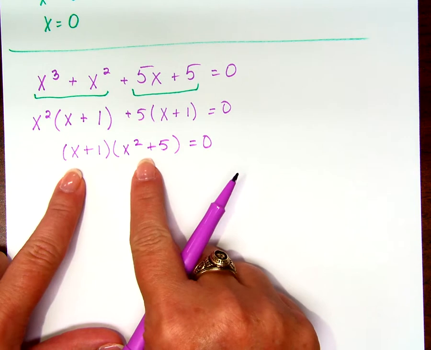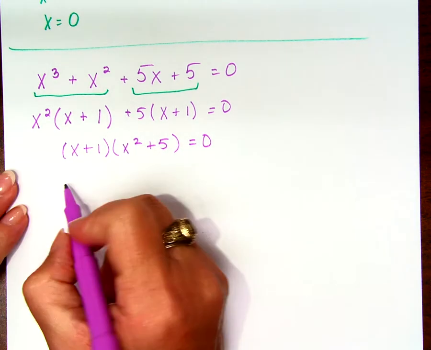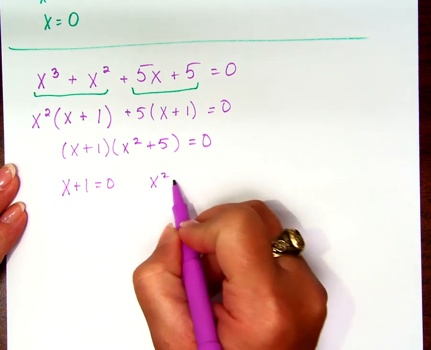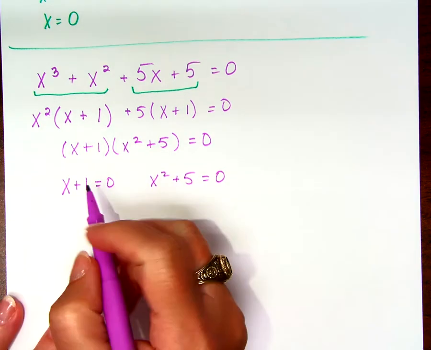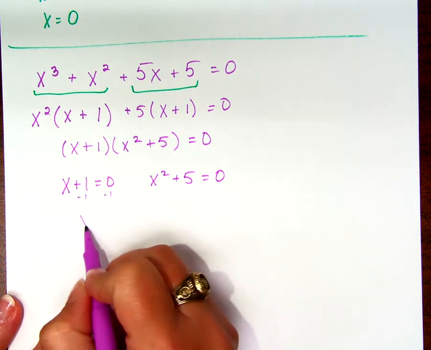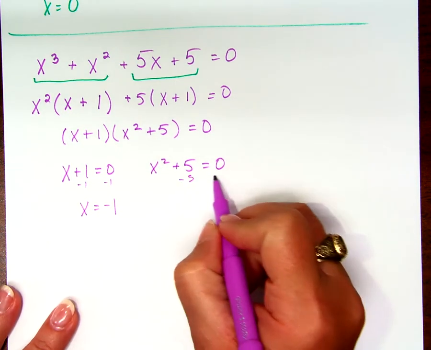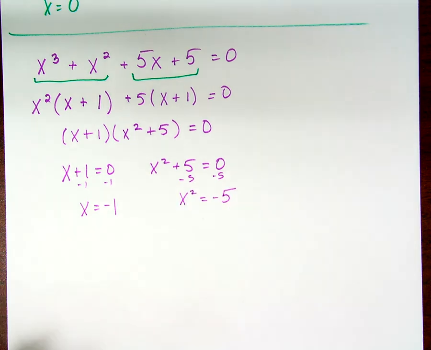If these two multiply together to equal 0, what has to be true about at least one of them? So x plus 1 equals 0, and x squared plus 5 equals 0. Subtracting 1 from both sides gives me x equals negative 1. Subtracting 5 from both sides gives me x squared equals negative 5, but I'm not done yet, am I?